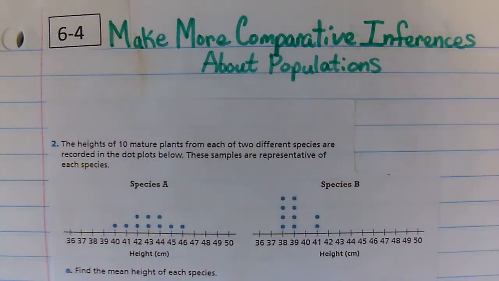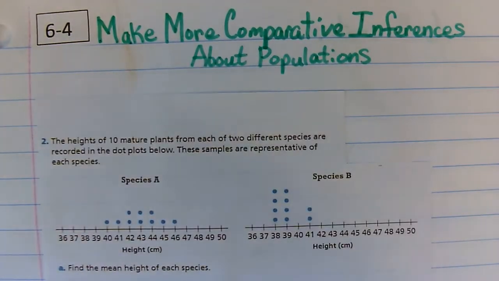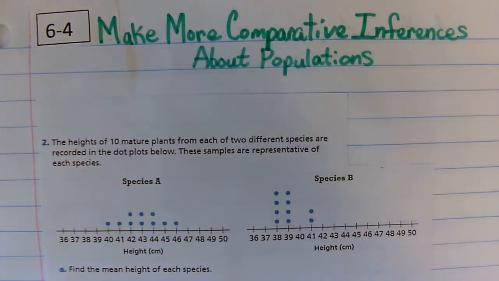Let's begin lesson 6-4 today on make more comparative inferences about populations. Alright, let's place some data collection into categories first.